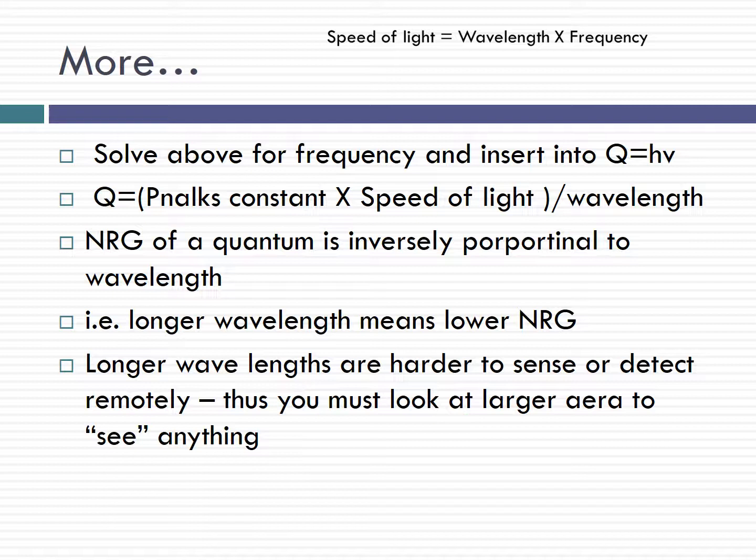That's why the signals don't travel very far and they get easily blocked by objects. Now, the other problem with this is longer wavelengths are harder to sense and detect remotely. So if you're looking at something that potentially is absorbing or reflecting something in a very long wavelength, you have to look at a very, very large area in order to see these multiple peaks.